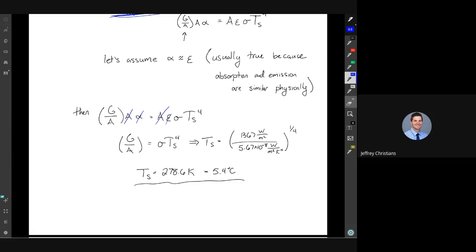So the relative balance of alpha and epsilon. For the Earth, that's not exactly true, but it's pretty close to true, actually, because the average temperature of the Earth is like 15 Celsius. But if you change that balance at all with something like carbon dioxide, then you either get warmer or cooler. So fundamentally, why global warming happens is because you're changing the relative ratio of alpha and epsilon. You're making one a little bit bigger and not changing the other one.